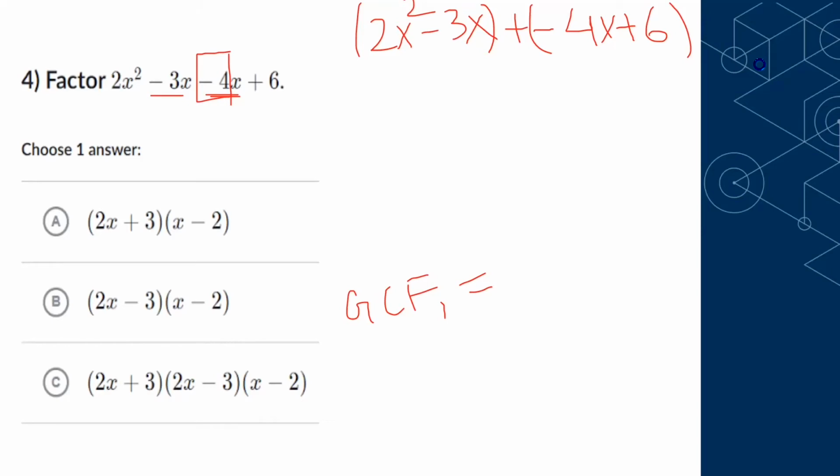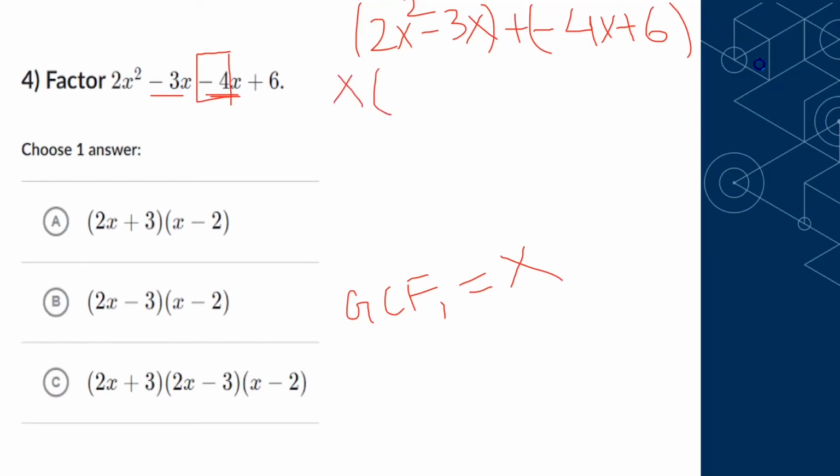And how do I know that? Well, x squared and x have a common factor, and the common factor is x. I just told you guys that if you're trying to determine the GCF of variables with exponents, you always pick the variable with the lowest exponent, which in this case was x to the first power.